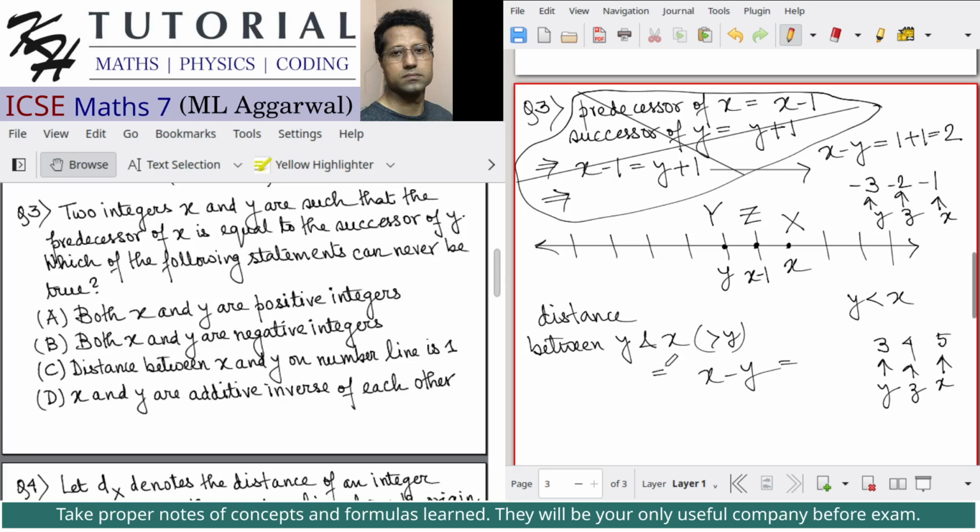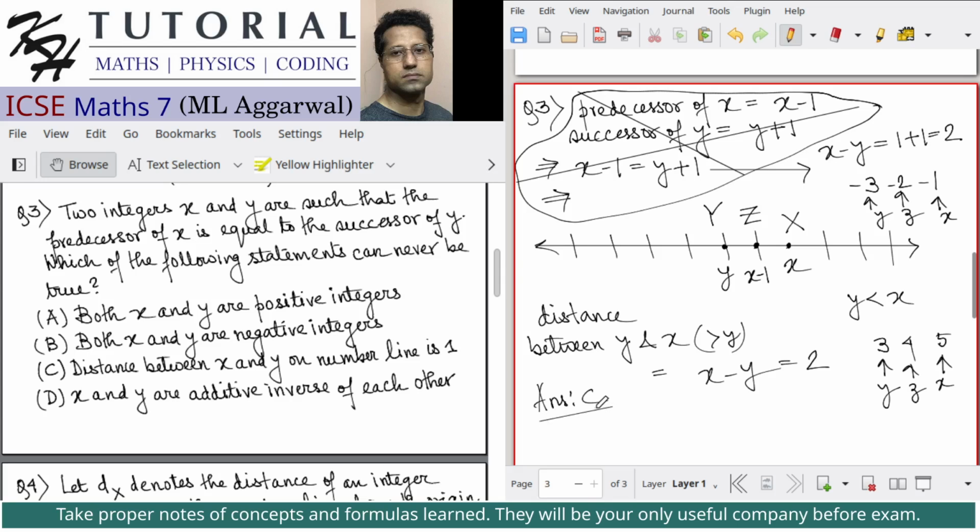So the distance between y and x is equal to x minus y, which will always be equal to 2. So choice C will always be false. Choice C is saying that the distance between x and y on the number line is 1. No, the distance between x and y on the number line will always be 2. So definitely the answer is choice C.